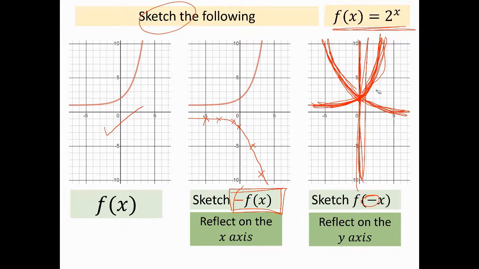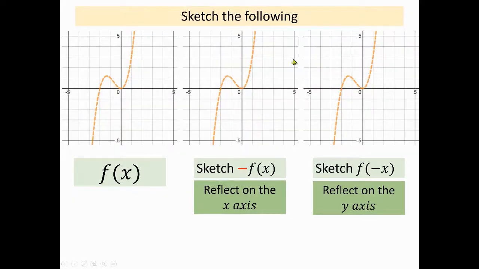I'll do it a bit neater now so you can see what I'm doing. I'm looking at this and I'm going to reflect it like that. And then I'm looking at this bit here and I'm going to reflect it like that. So my reflection is there. I've gone over it a few times and it's quite messy, but you'd have to do it smoothly on an exam paper. But you get the idea.